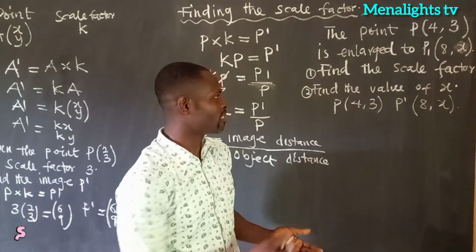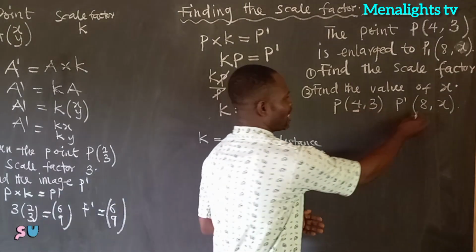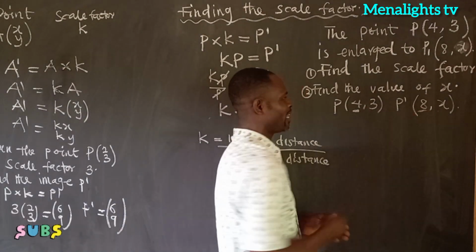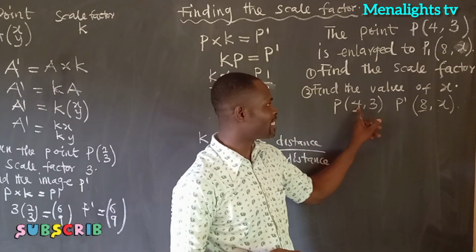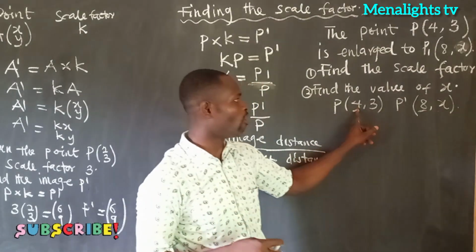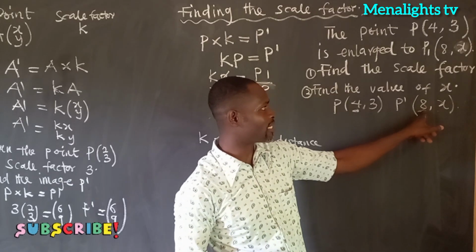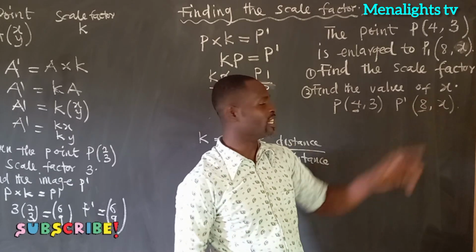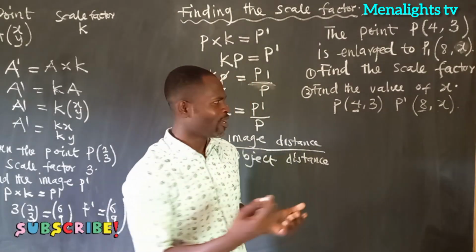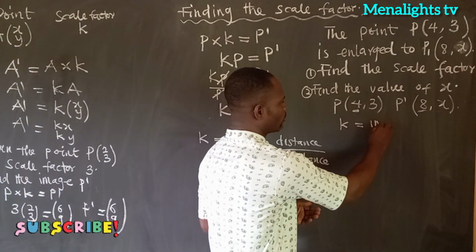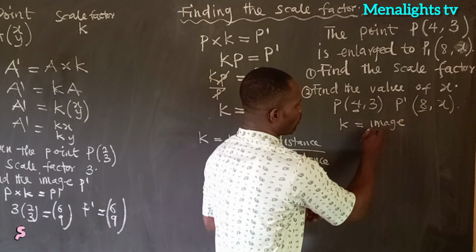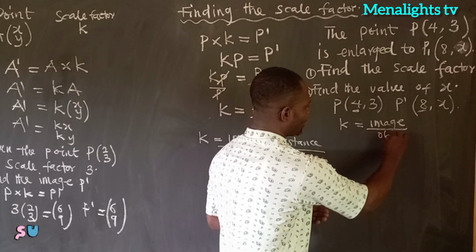Now when you look at this, we have 4 here and 8 here. The coordinate for the x-axis in the object is 4, and the coordinate for the x-axis in the image is 8. So K is giving us the image over object.